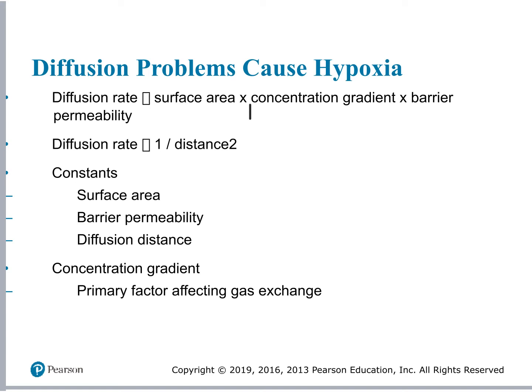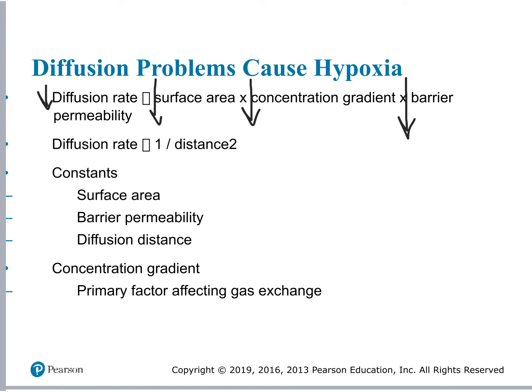Anything that increases the concentration gradient will also increase the diffusion rate. Anything that increases the barrier permeability will also increase the diffusion rate, and then it's vice versa. If anything decreases the surface area, the concentration gradient, or the barrier permeability, then that's going to decrease the diffusion rate.